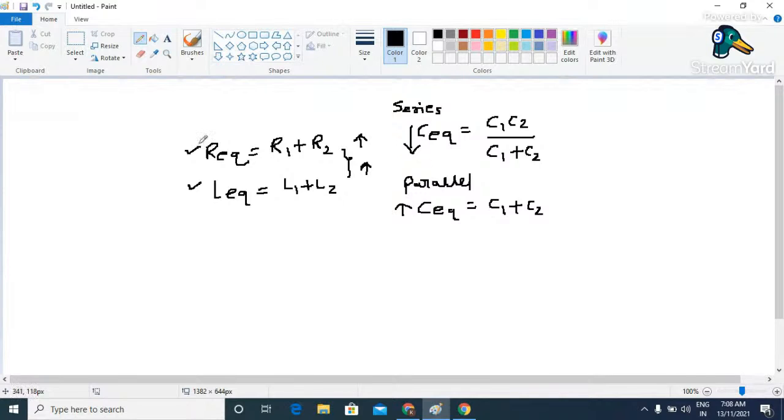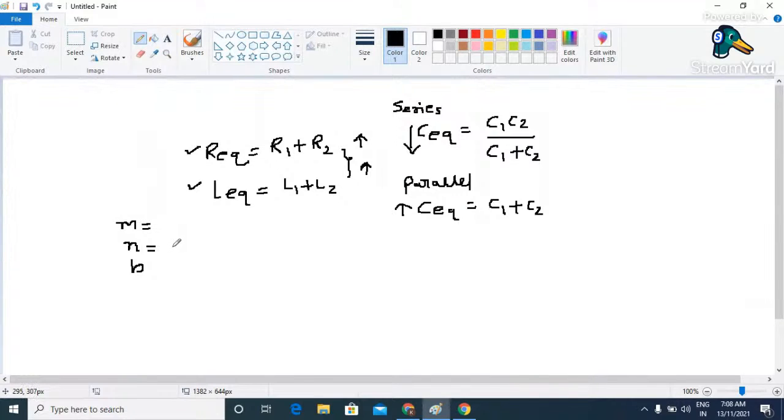And then in the last lecture, we also discussed the meaning of mesh, node, and branch. I told you that a mesh is nothing but the smallest closed path available in a given circuit which cannot be further subdivided. And what is a node? Nodes are simply junctions or points in a circuit or network where we have a combination of two or more circuit elements.